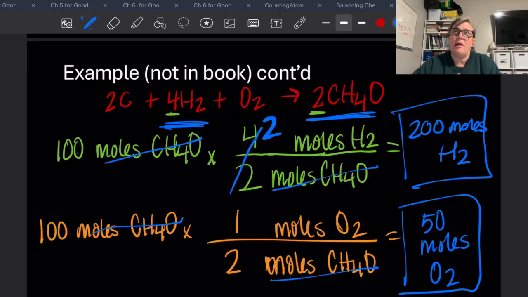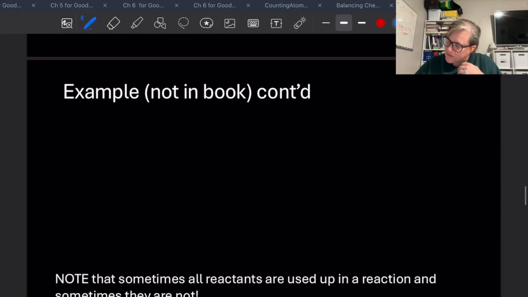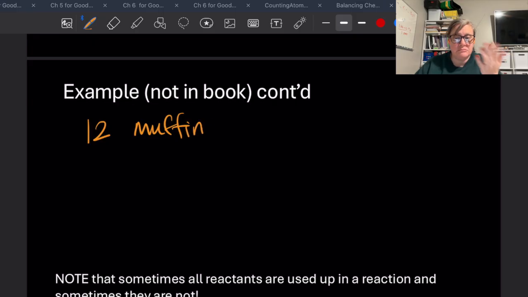And you say, well, I actually want to make 48 muffins, okay? And so if we say 12 muffins requires, we'll say 2 eggs.